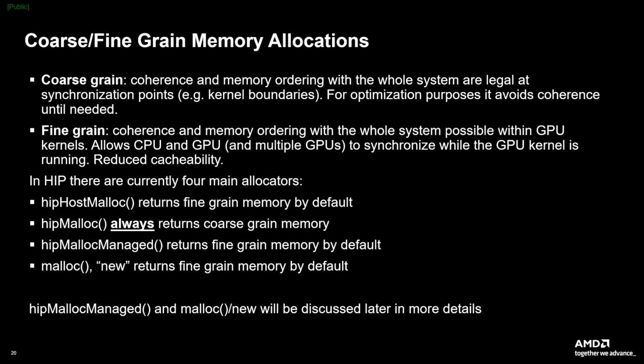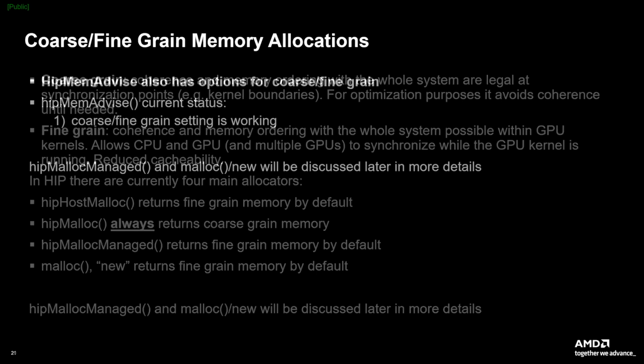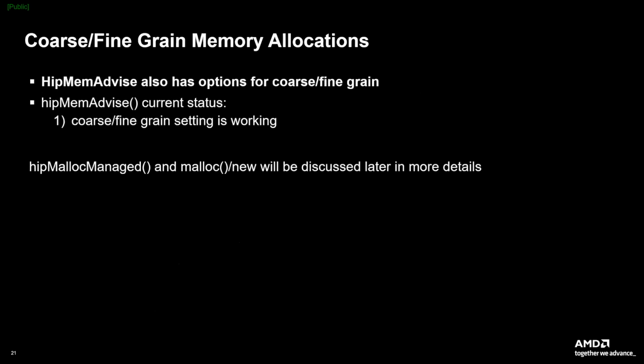We have different properties being returned from all of these allocators. You can also set it with the hip mem advise call that we talked about earlier. And as this is fairly new, it's still being implemented, and the features are changing with hip mem advise.